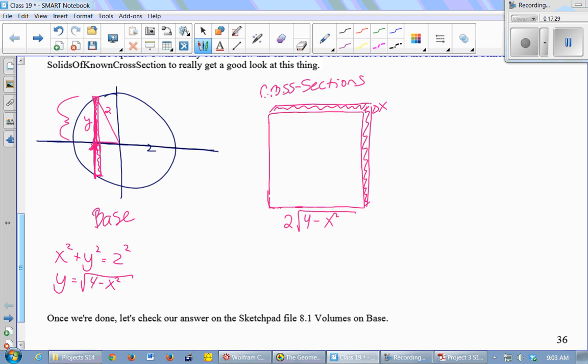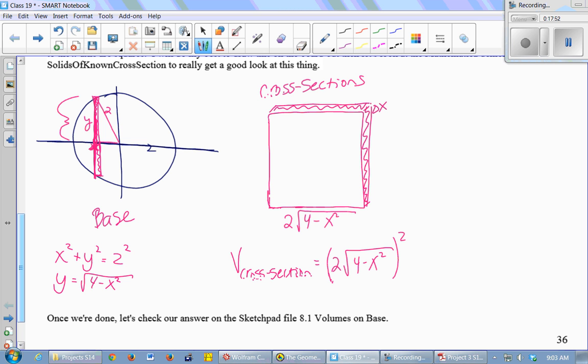Okay, so the volume of this slice, or the volume of my cross section, is going to be length times width, base times height for a square. So it's going to be 2 square root of 4 minus x squared, squared.